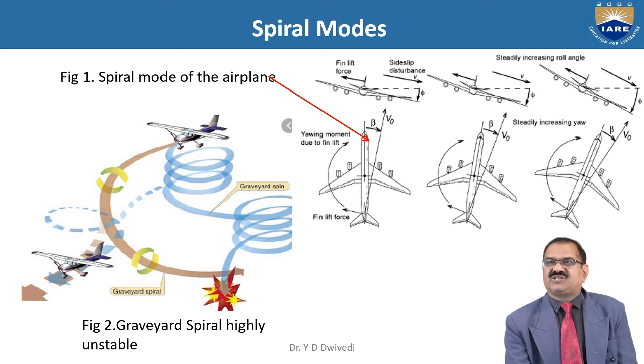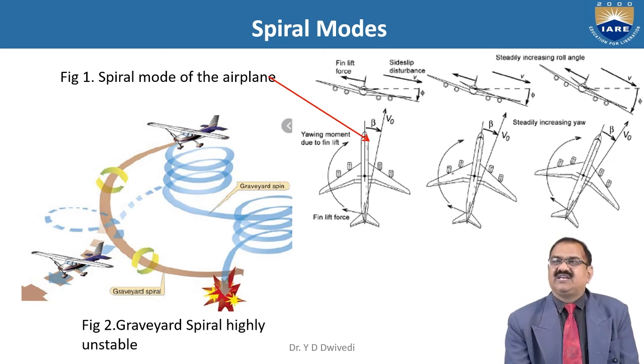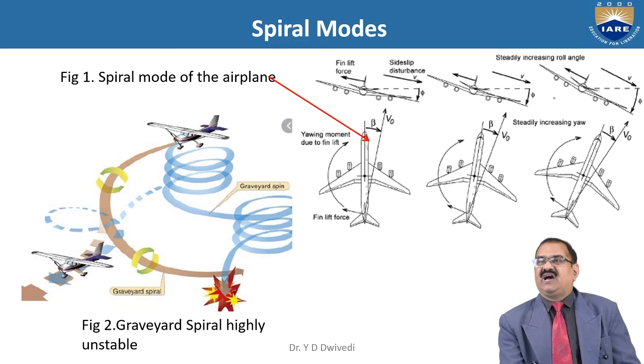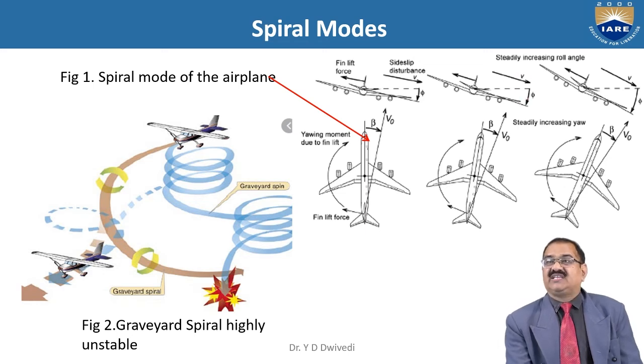Beta is almost constant, but you can see here as the beta is here, it starts yawing, and in this the yaw is steadily increased. However, if you see here, this phi is increased, here it is less, more, and it is the highest. The rolling is highest in this third case.